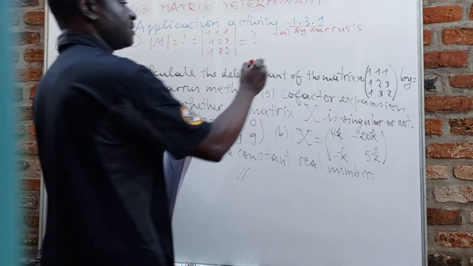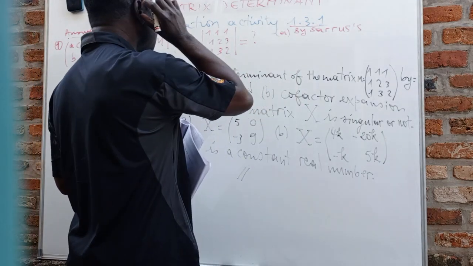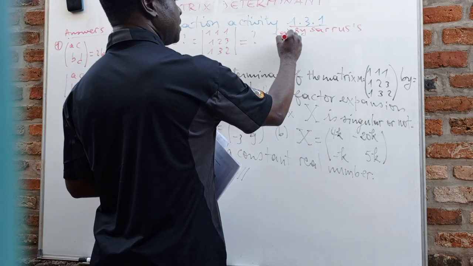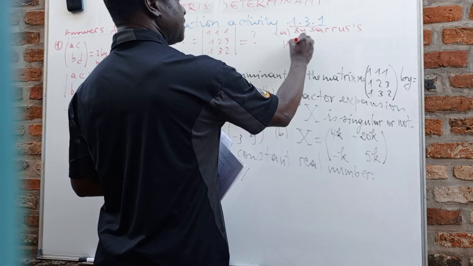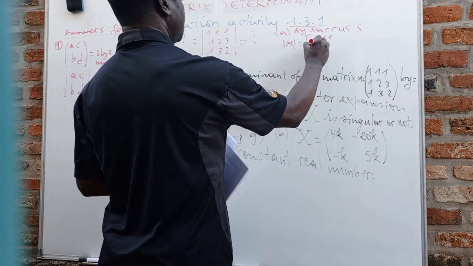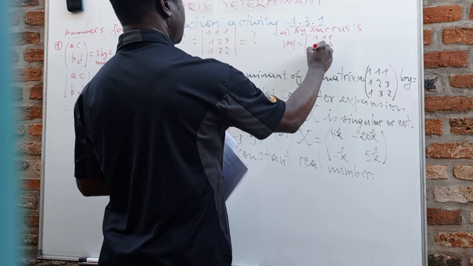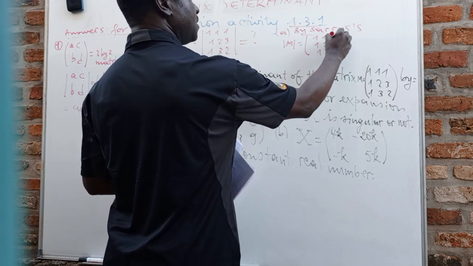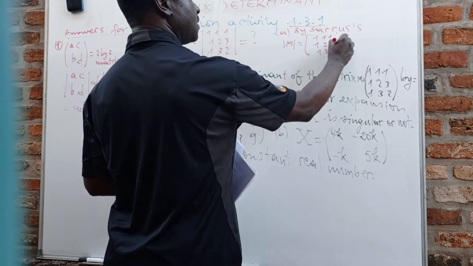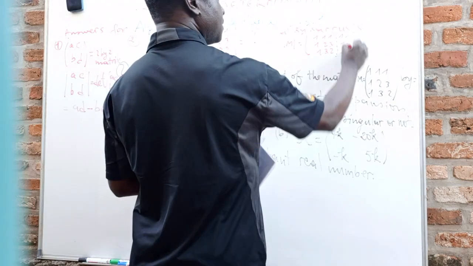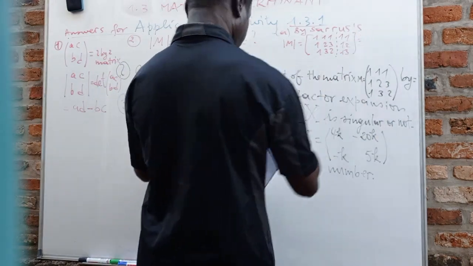In this case, we are going to adjoin: 1, 1, 1, 1, 2, 3, 1, 3, 2, and then we adjoin the first two columns, 1, 2, 1, 3.